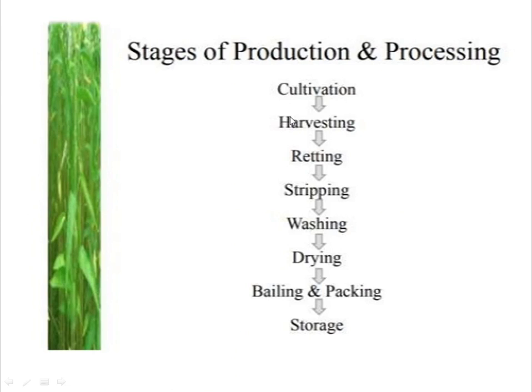Next is stages of production and processing. Before going directly into the stages, we will see the geographical occurrence. It is commonly cultivated in West Bengal, the basins of the Ganges, and in Assam. Now the stages of production and processing. The first process is cultivation.